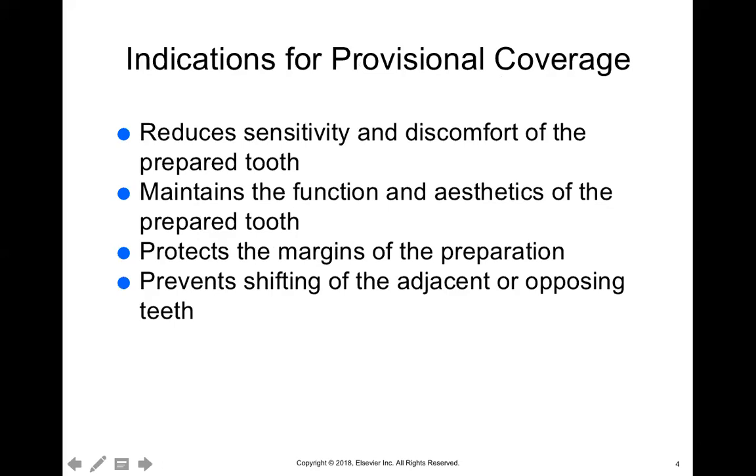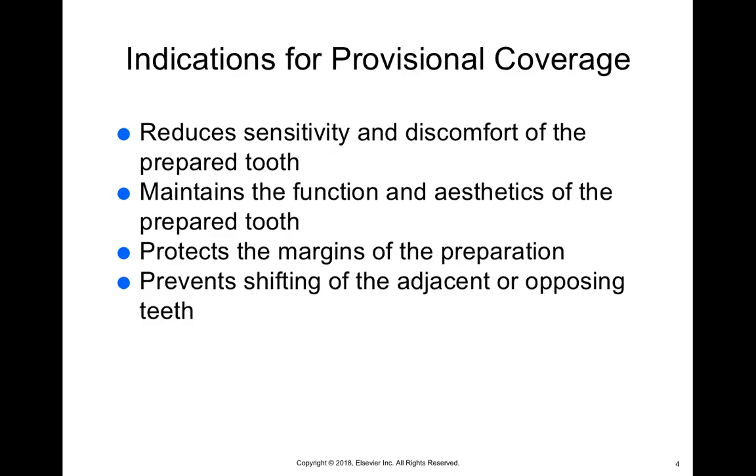So indications, meaning what are some reasons why we would choose to use a provisional coverage? First and foremost is if the patient has some sensitivity and discomfort and we want to wait for that to subside. If you remember, there was a critical thinking question about a patient who had sensitivity and instead of placing the permanent restoration, we chose to use something temporary instead.